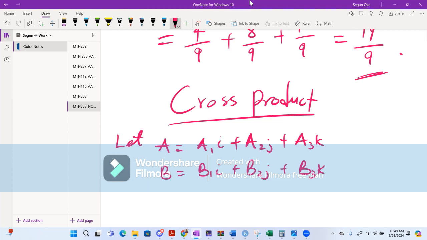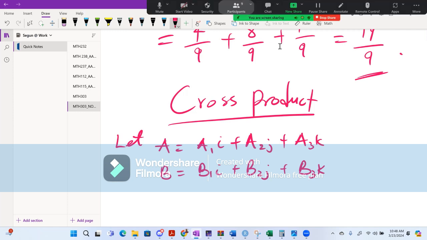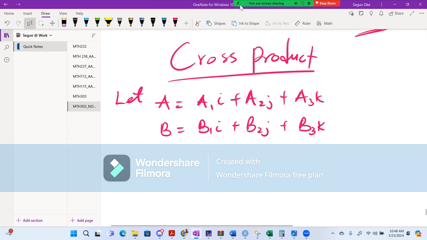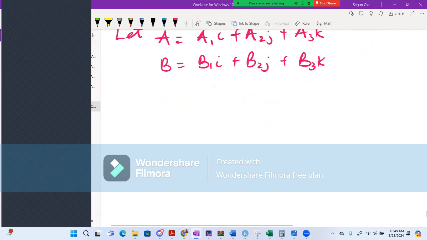The question is, we are to find the cross product of these. We'll be using the law that says, you remember the matrix? So this will lead us to matrix form. Okay, let's look at it.